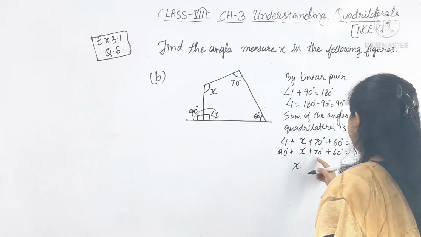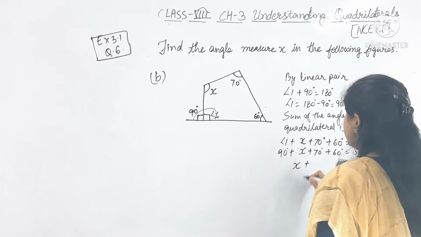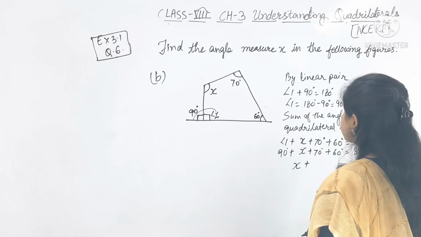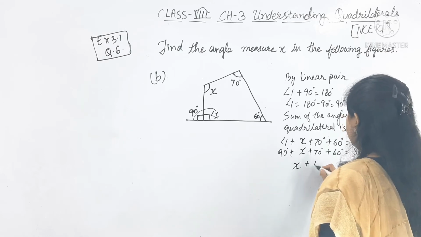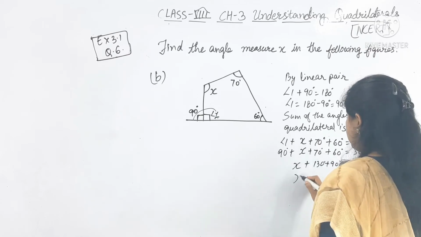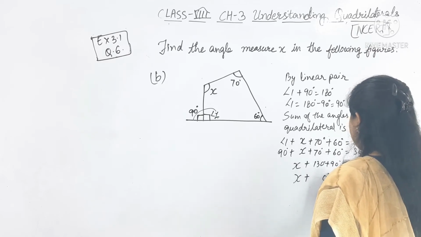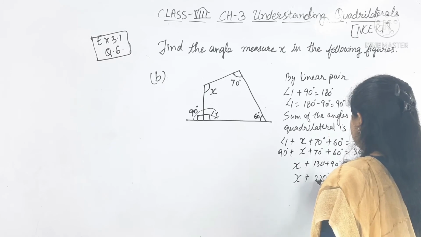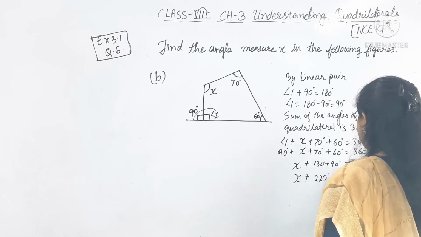So yes, 70 plus 60 is 130. 130 plus 90. 130 plus 90 plus x equal to 360. So 220 degree plus x is equal to 360 degree.